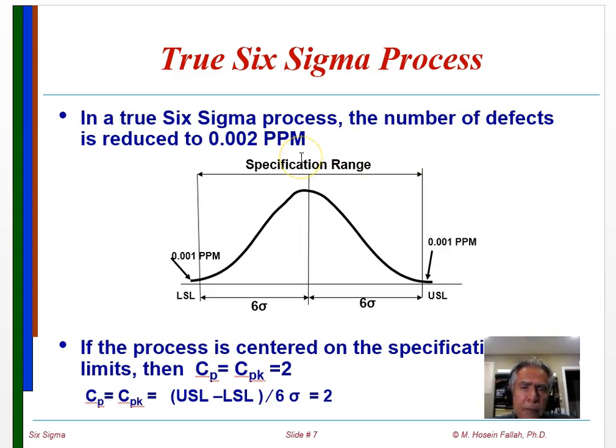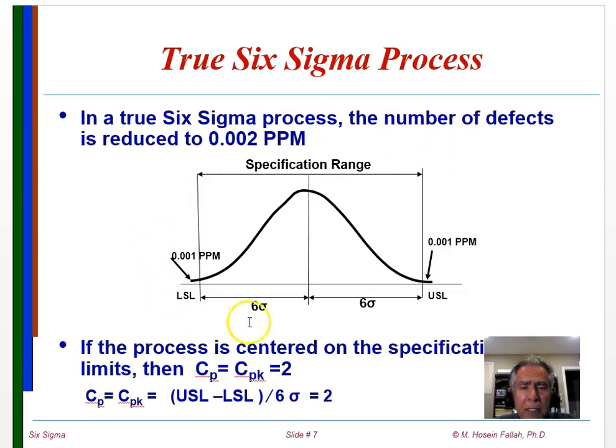So while a standard industry Six Sigma process, as I pointed out, produces 3.4 parts per million defective output, for a true Six Sigma process the number of defects is reduced significantly more, to 0.002 parts per million.